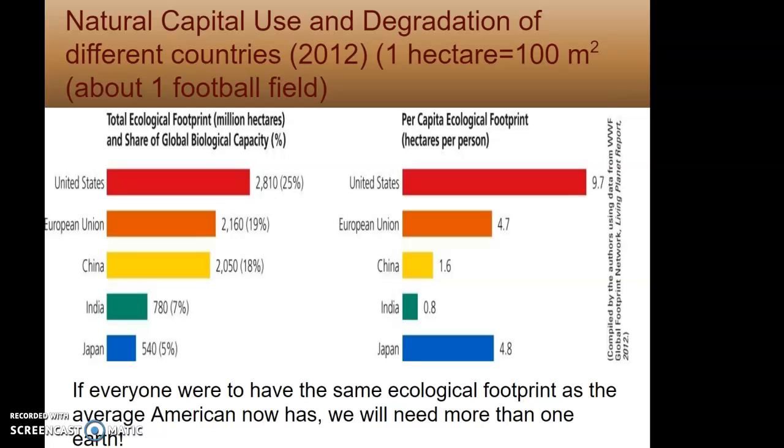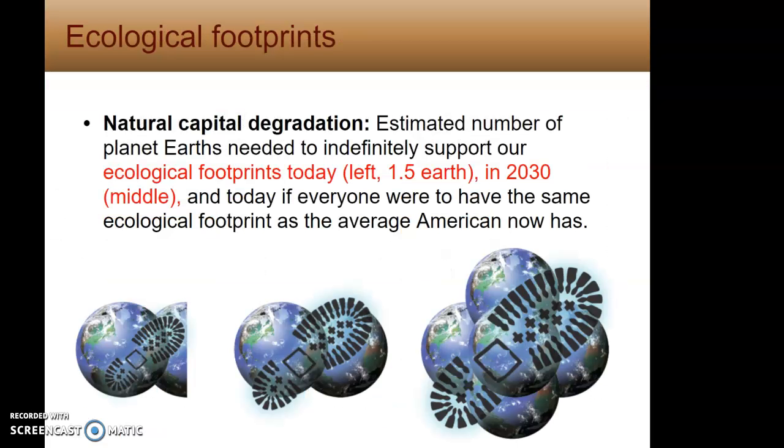So if everyone were to have the same ecological footprint as the average American now has, we will need more than 1 Earth. So that means we are degrading the natural resource. So for the natural capital degradation, based on this consideration, the estimated number of planet Earths needed to indefinitely support our ecological footprint today is 1.5 Earths. We need this much for current use.